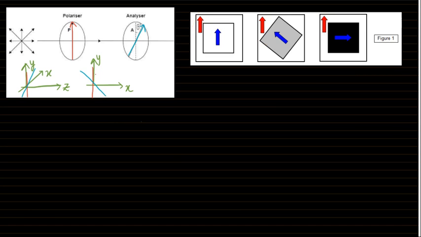Next, you rotate the analyzer through some angle, thus giving a picture of the theta angle. When this is the plane of polarizer and this is the plane of analyzer, the angle comes into the picture, therefore less light is coming out of the analyzer.